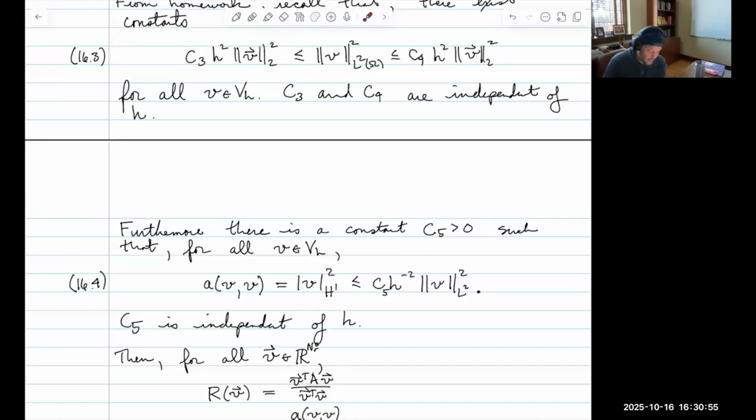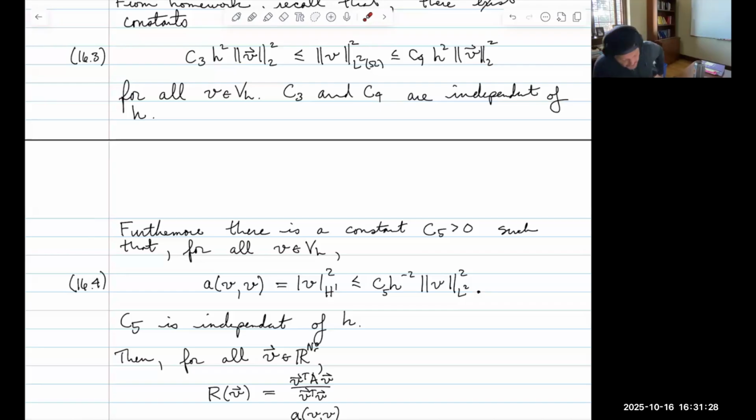Now, what you have here, we call this a weightier norm because it involves derivatives of the function v. This is kind of like the reverse of what you would try to prove with a Poincare inequality. To get this reverse of the Poincare inequality, well, we can get something close, but we have to pay a price. And the price that we have to pay is this scaling factor of h to the minus 2, which gets worse and worse as h gets smaller and smaller.